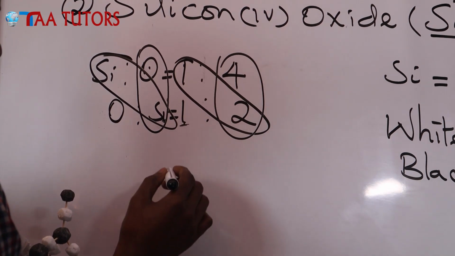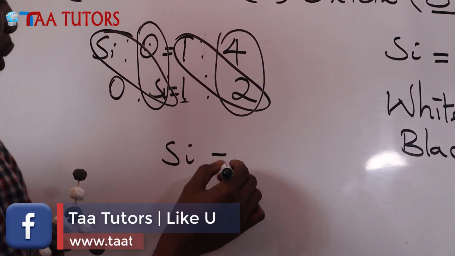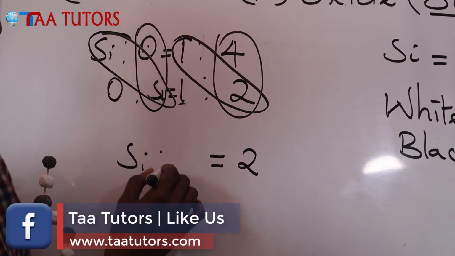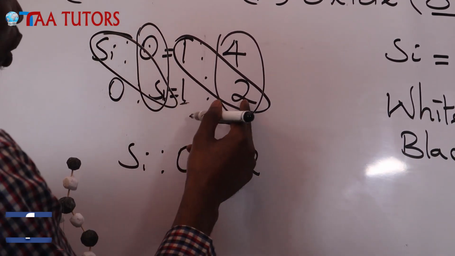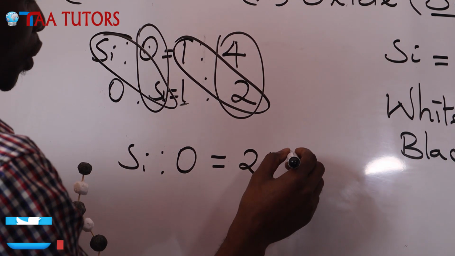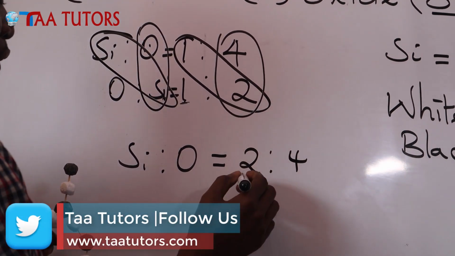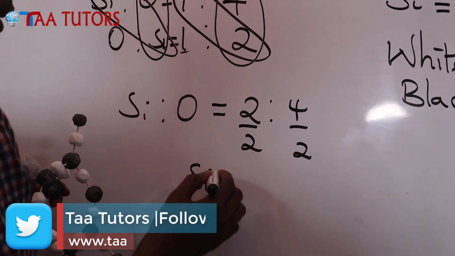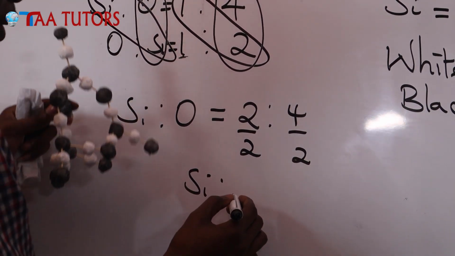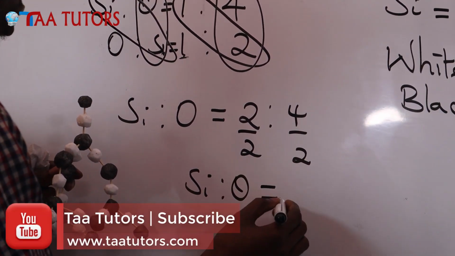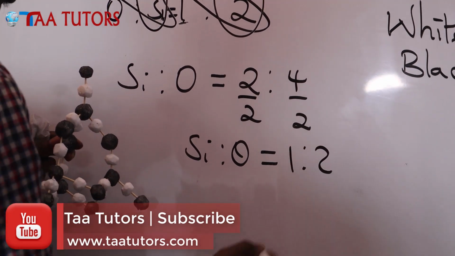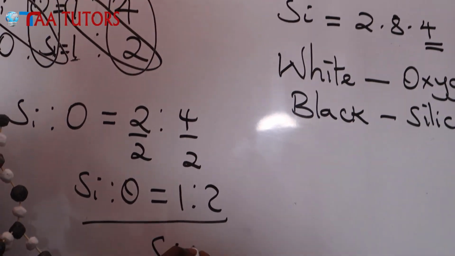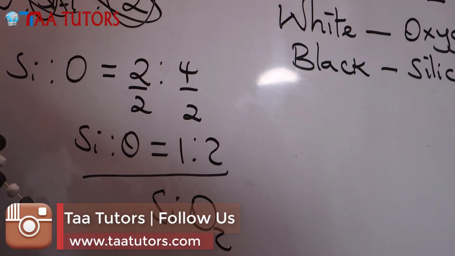We are going to say Si to O is going to be 2 to 4. If you simplify this ratio, the simplified ratio in this particular structure should be 1 to 2. And that is how this formula comes. For every 1 silicon atom, we expect 2 oxygen atoms.